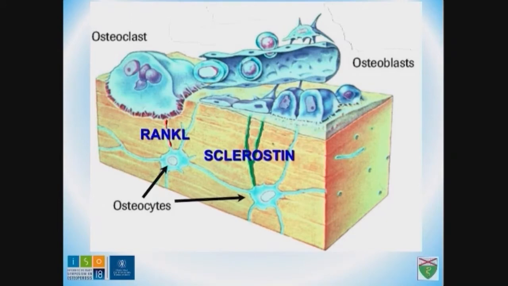So just like we were talking about tonically inhibiting bone formation, the tonic inhibition of bone formation is effected by sclerostin. This hormone, this cytokine, inhibits bone formation, and when you want to turn on bone formation, you suppress sclerostin.